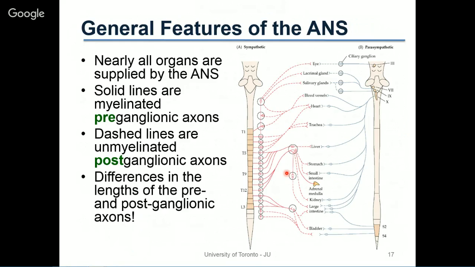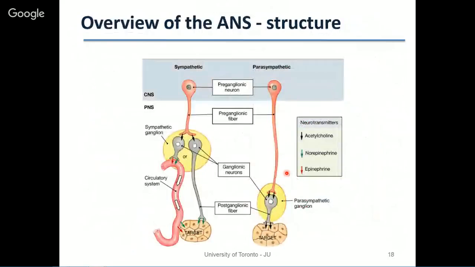And again, we'll talk about this other structure over here, which is the parasympathetic nervous system, which is cranial and then sacral. So make sure that you know the differences between the different origins of the sympathetic and parasympathetic systems.